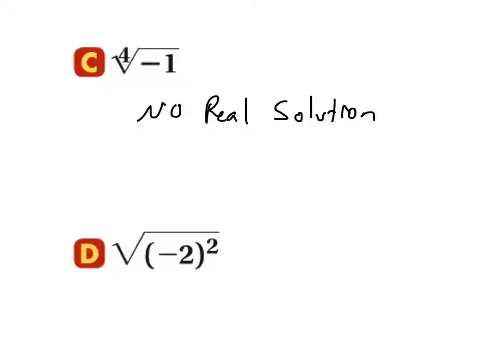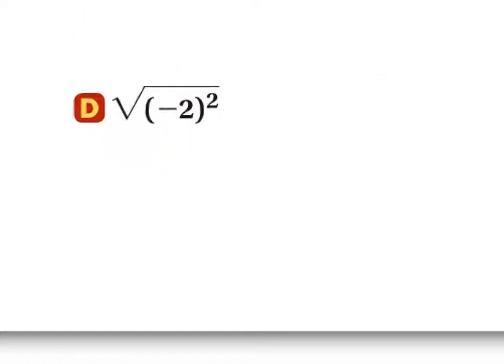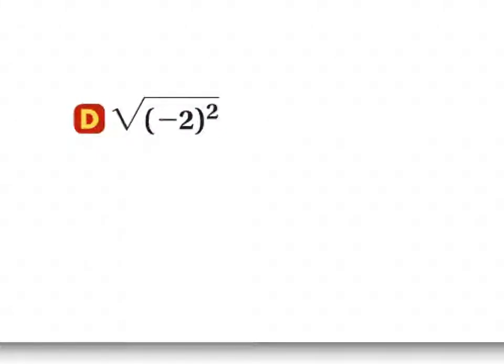And the last one I want to talk about here quickly is part D. We have the square root of negative 2 squared. It is very tempting to say that the square root cancels the square. Okay, it's tempting to do that, but we can't. I mean, a lot of times it'll work, except when we have negative numbers in here. Anytime you have a negative number in here and you're dealing with an exponent, you have to do the exponent first.